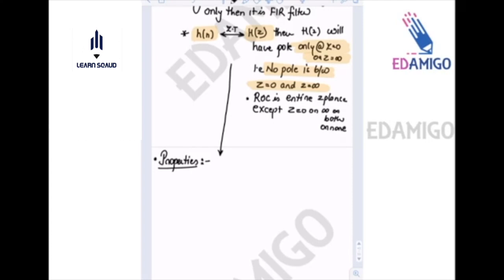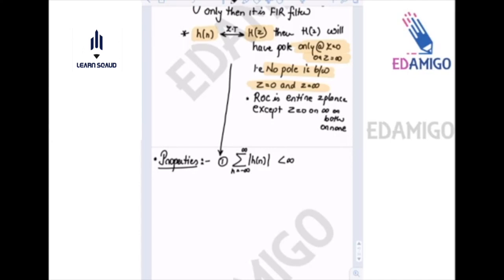So the properties. Now as we know, the stability of the system means the summation of mod of h[n], from minus infinity to infinity, should be less than infinity.